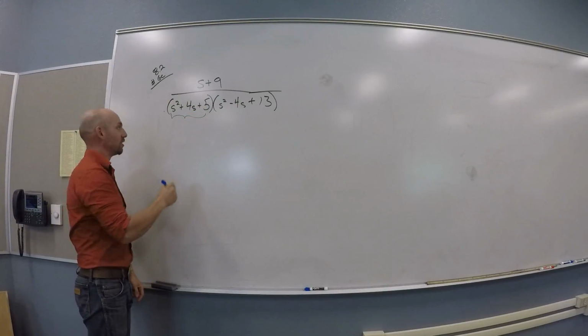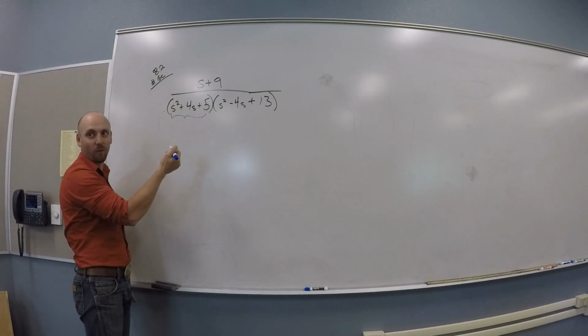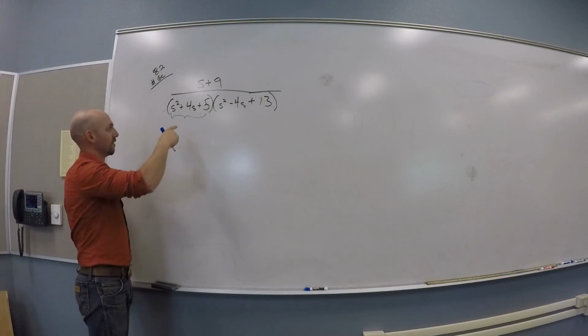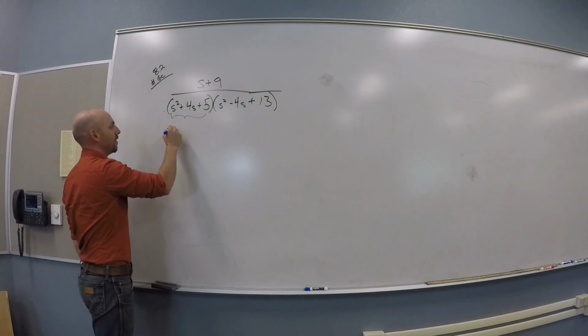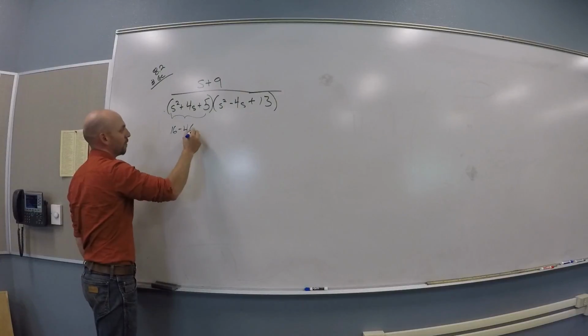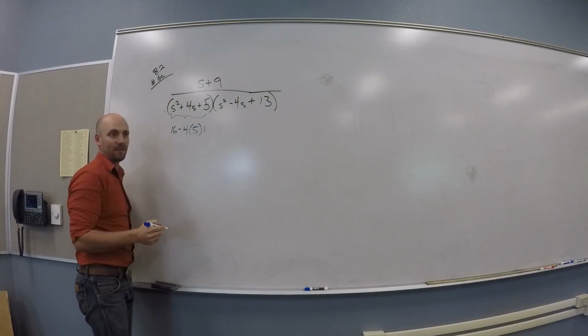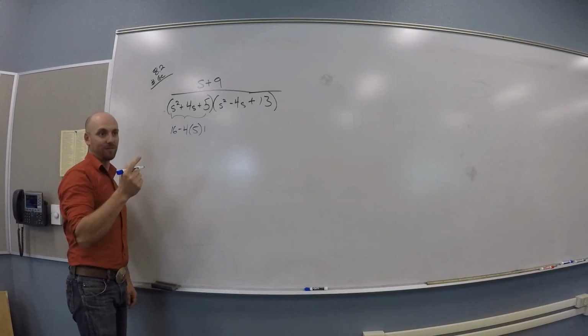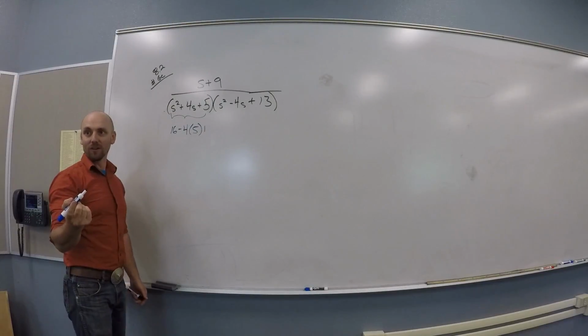Another way you can check is you can think about what's b squared minus 4ac. In this case, b squared minus 4ac would be 16 minus 4 times 5 times 1. Negative. This is an irreducible quadratic.